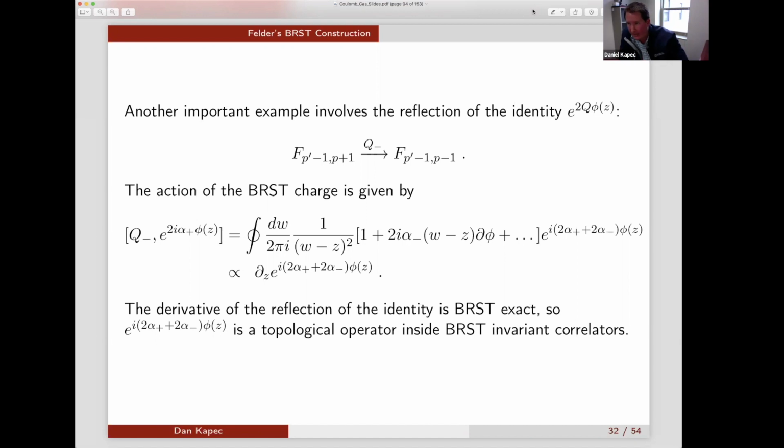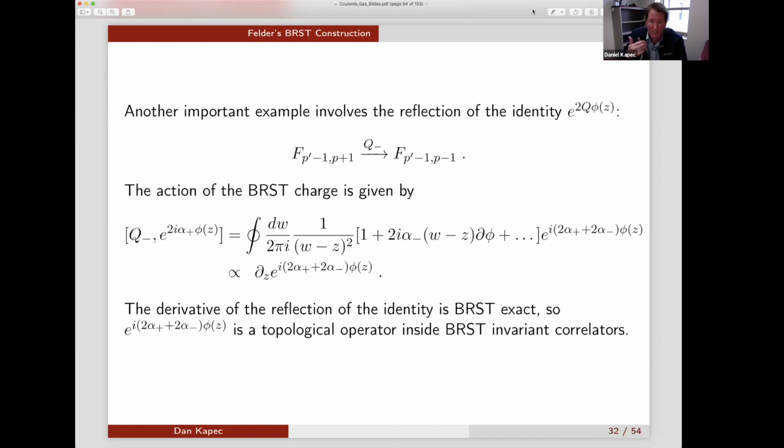Anyway, this thing is like an avatar of the identity operator, and it's sitting in this Fock space on the right. And you can also check that for this complex, you only have a single power of Q going into that Fock space. And the exponential operator to the left is just e to the 2i alpha plus. So if you calculate the Q variation on that exponential operator, you will find that it's the derivative of the reflection of the identity.